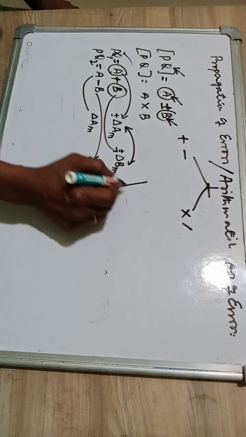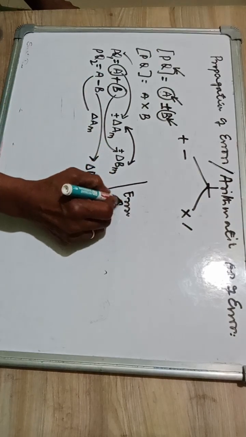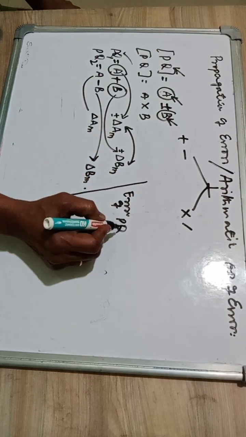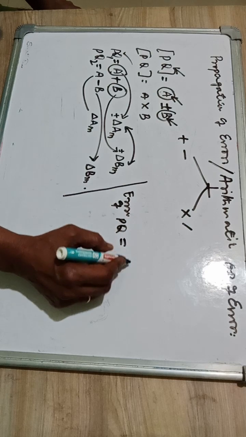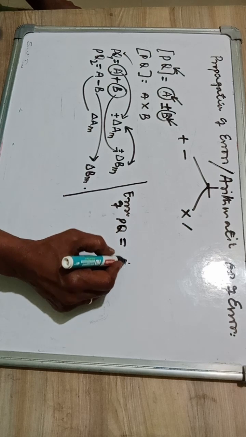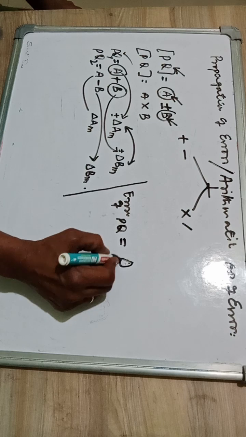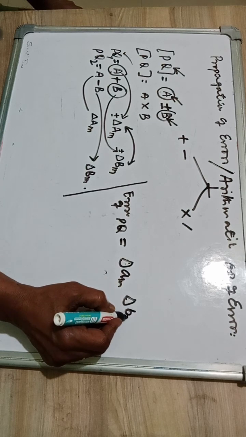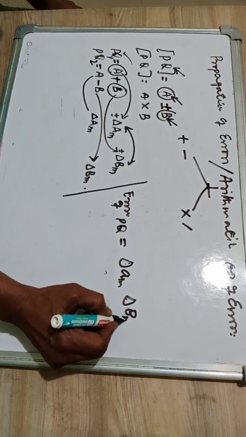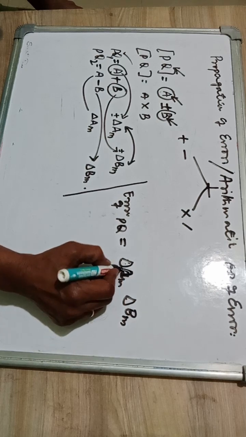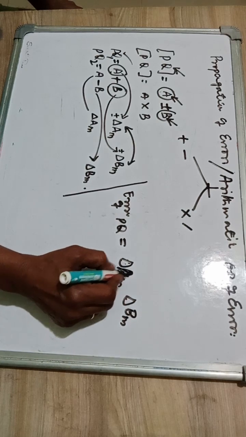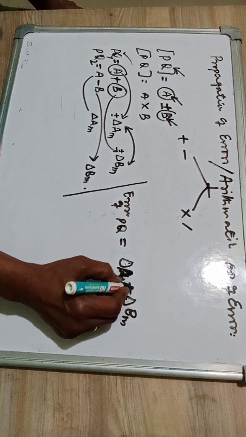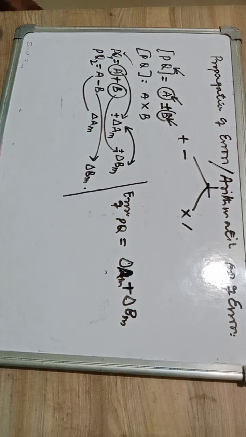That means error of PQ will be error due to A, error due to B, delta A, delta B, and both will be added.